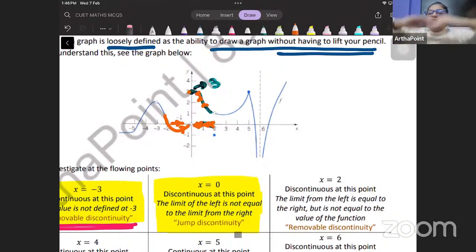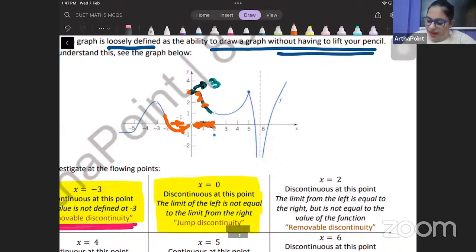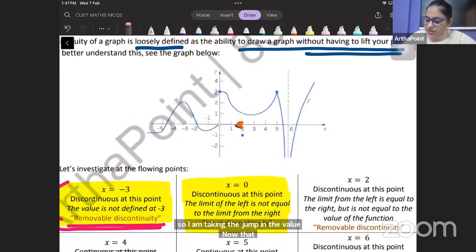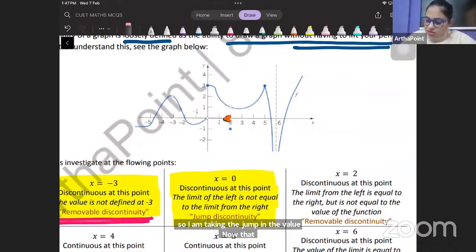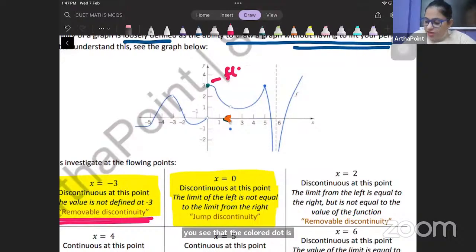So I am taking a jump in the value ना, that at x equal to 0, जैसे ही x 0 हुआ, you see that the colored dot is here. It means that at x equal to 0, value of the function is actually 3. ये open dot है बेटा. मतलब value is not 0. Function का value 3 हो जाता है.